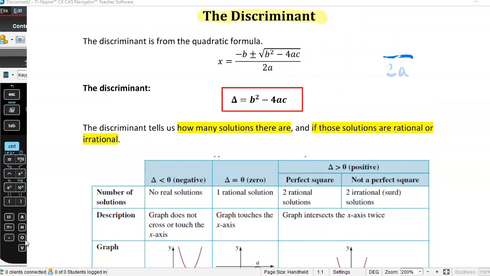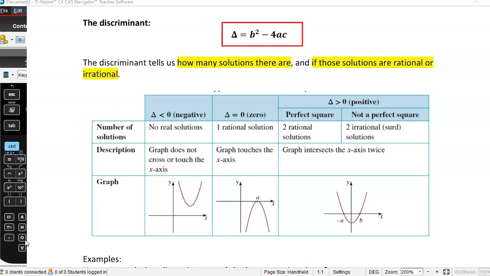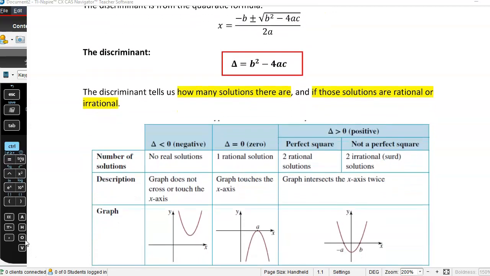Now let's talk about the situation where our discriminant is positive, or greater than 0. So we have something underneath that square root sign that we can find.